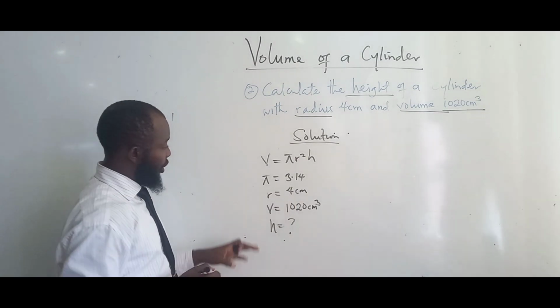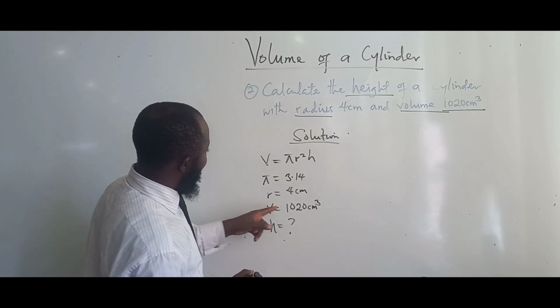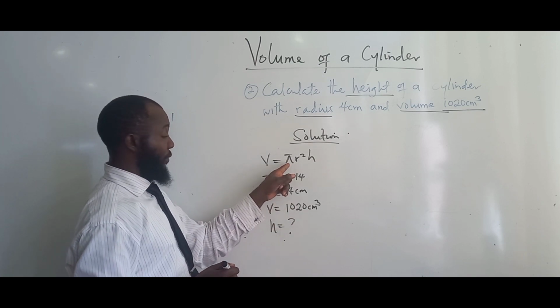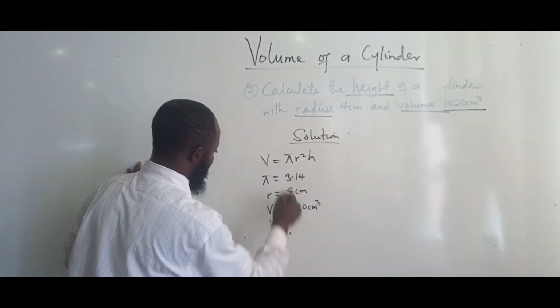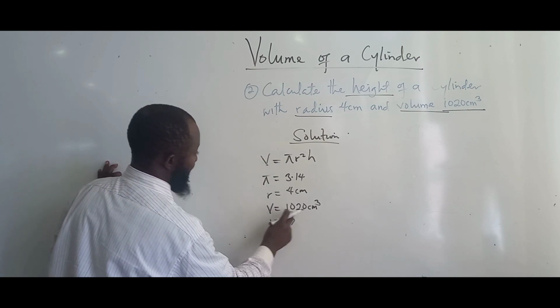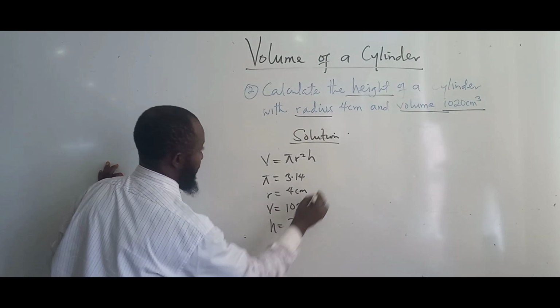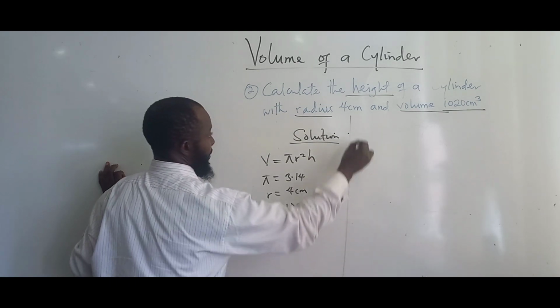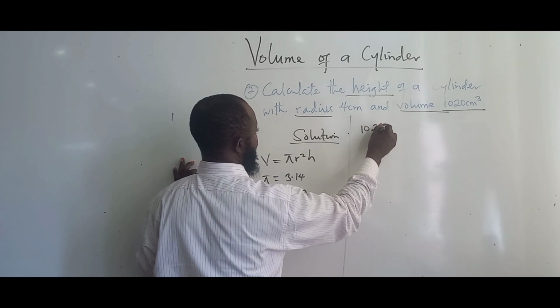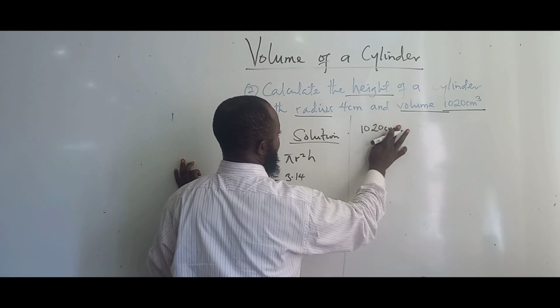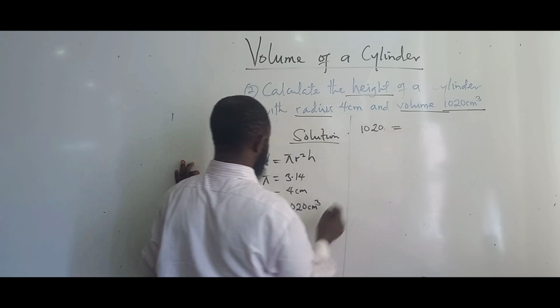So in that case, we're going to put the values of these variables into this formula. So we have the formula. The first thing is V, which is 1020.